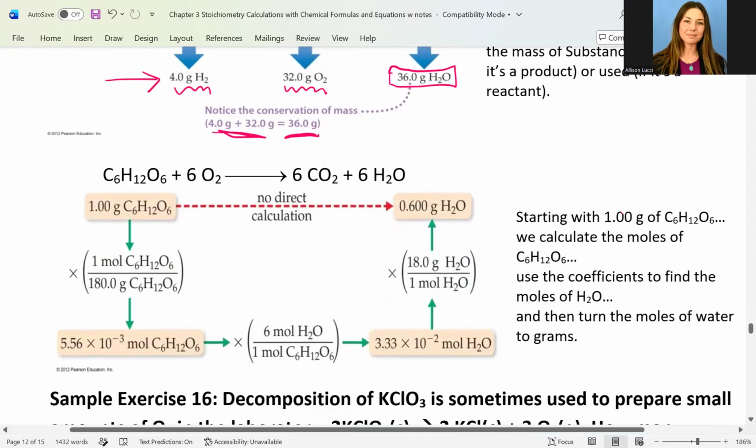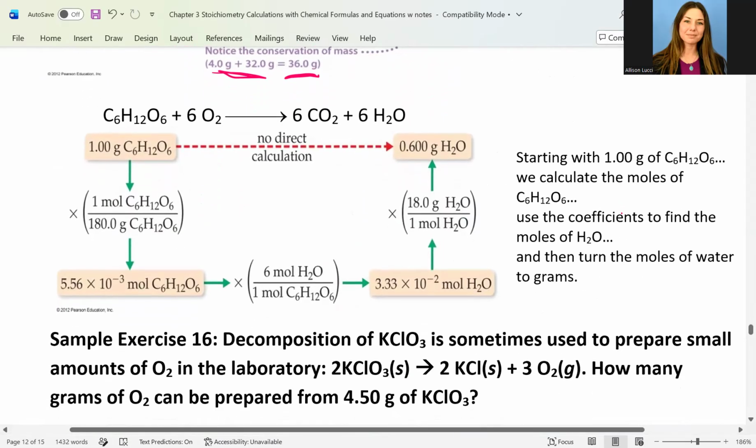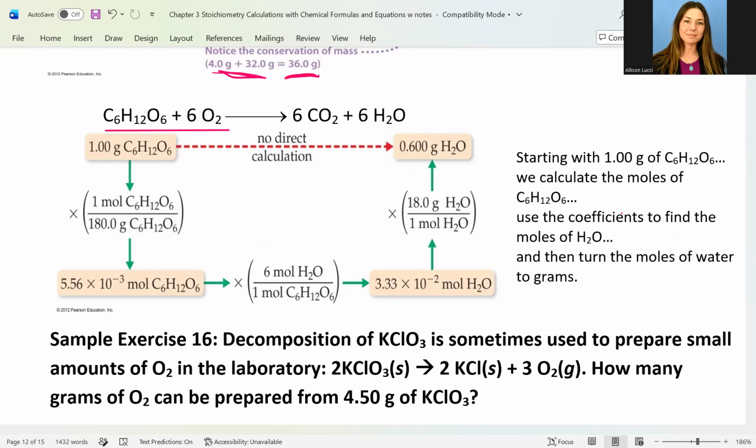So let's take a look here at this flow chart, and say we start up here with this reaction where we see C6H12O6 and 6 moles of O2 produce 6 moles of CO2 and 6 moles of H2O.